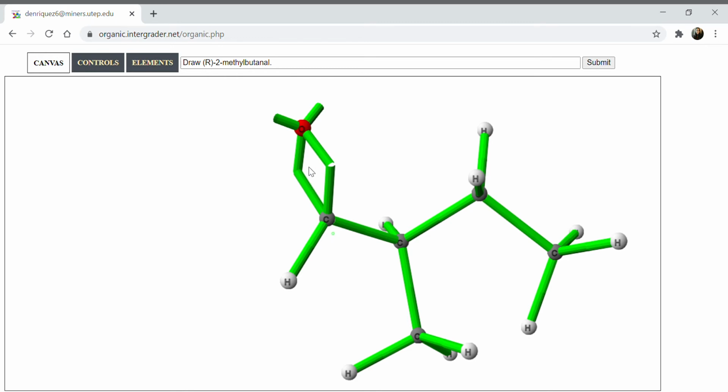We get a double bonded oxygen, so that counts as 2, and then our hydrogen, and then we get 1 carbon, 2 hydrogens. A double bonded oxygen and a hydrogen beats 1 carbon and 2 hydrogens. This one would only be 3 hydrogens, so that's why it's last. So R.